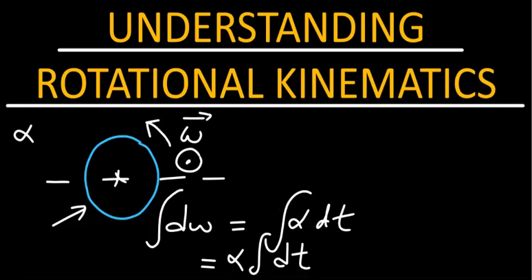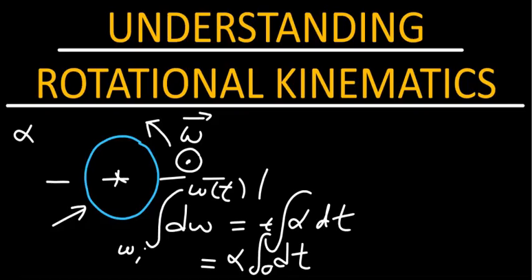Let's assume the system here, when t equals 0, the angular velocity is omega I, referring to initial angular velocity, and at time t, omega is the angular velocity at any time t.